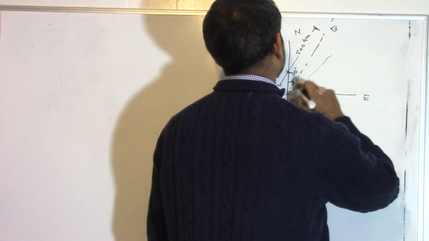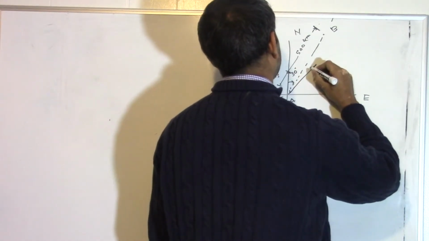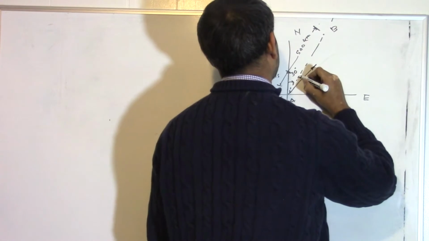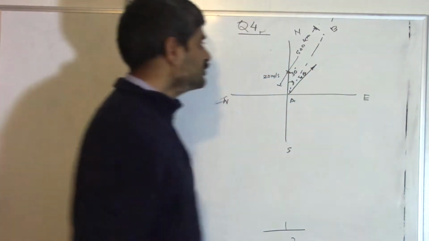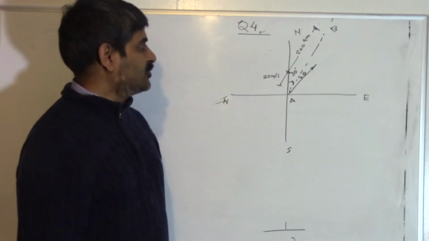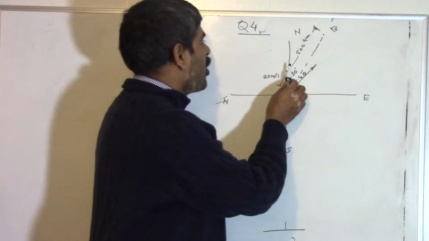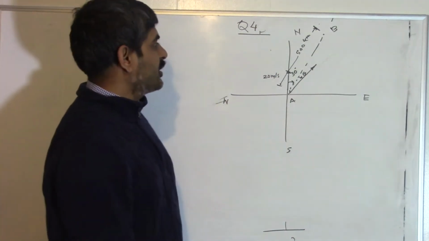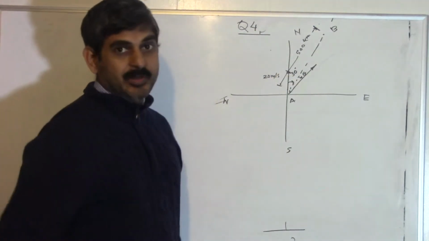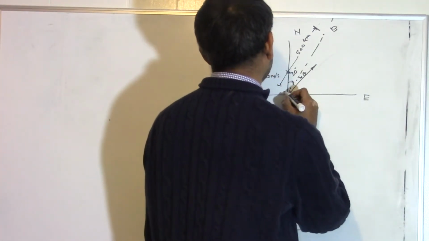This is the pilot's direction, and let us say this angle is theta. Now what is happening? A component of this 20 meter per second wind will act in this direction.